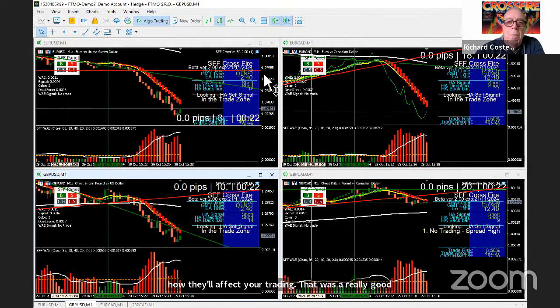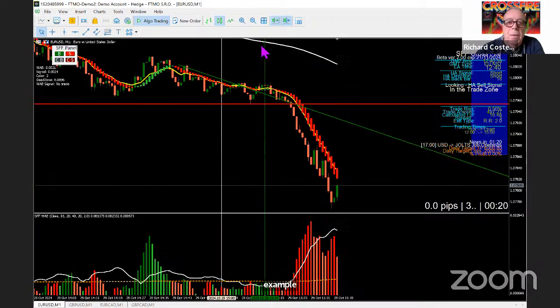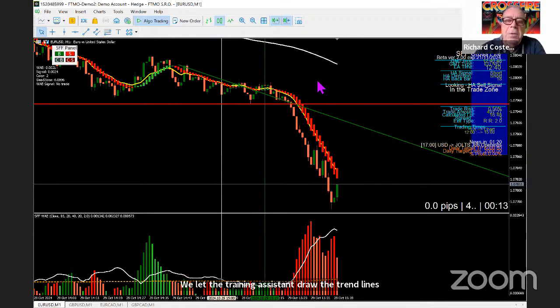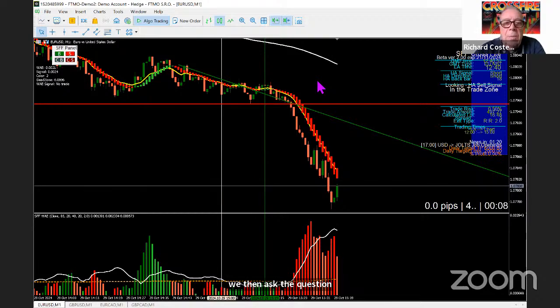So just to go back over the 4 criteria first. We let the trading assistant draw the trend lines. We then ask the question, is price above the green trend line or is it below the red trend line? If it's in between, we don't take any trades.